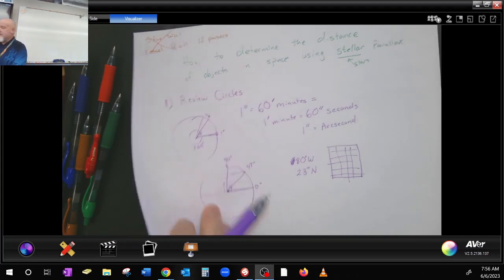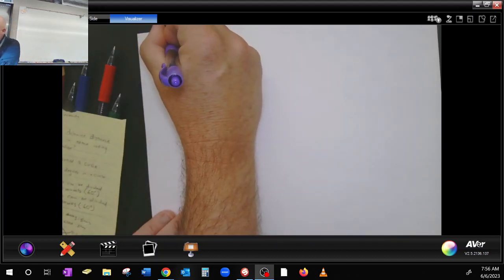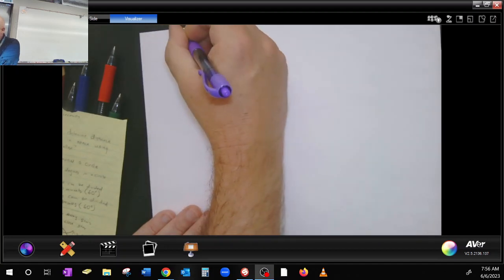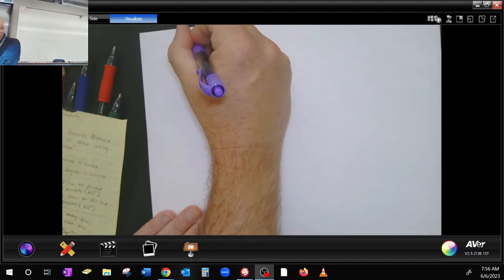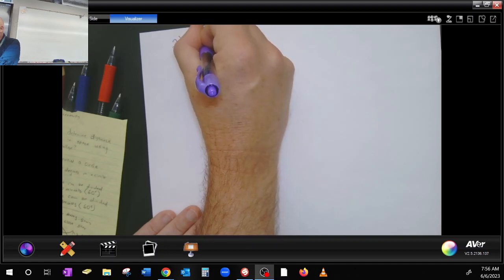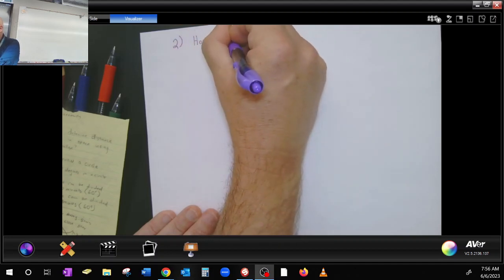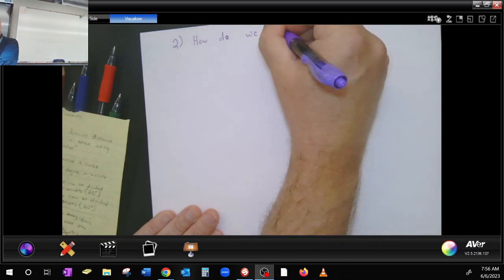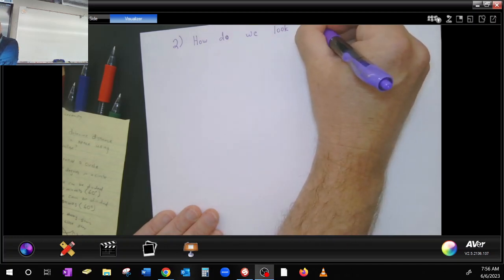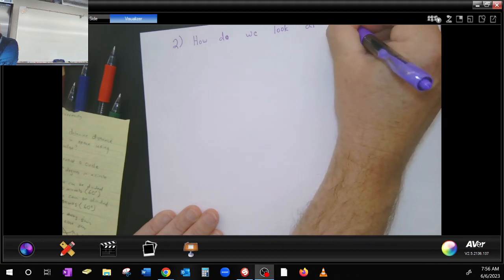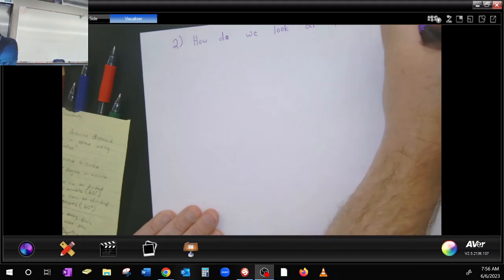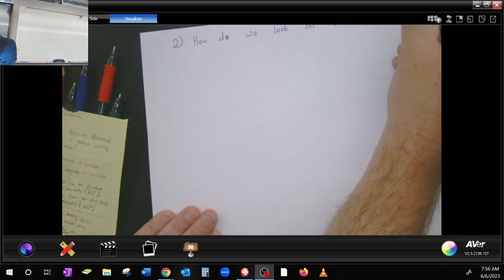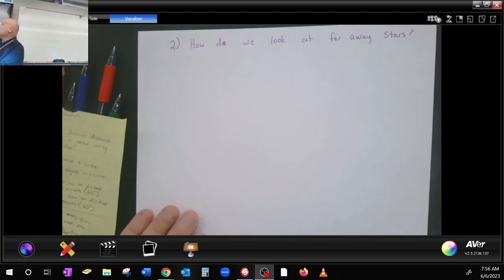So that leads me to step 2, which is what we talked about already. The second thing we know is, how do we look at faraway stars?